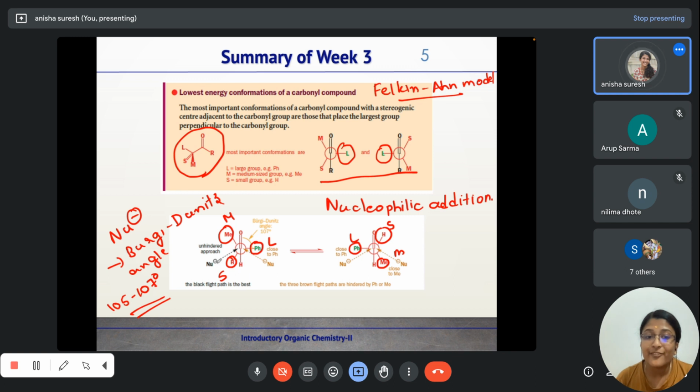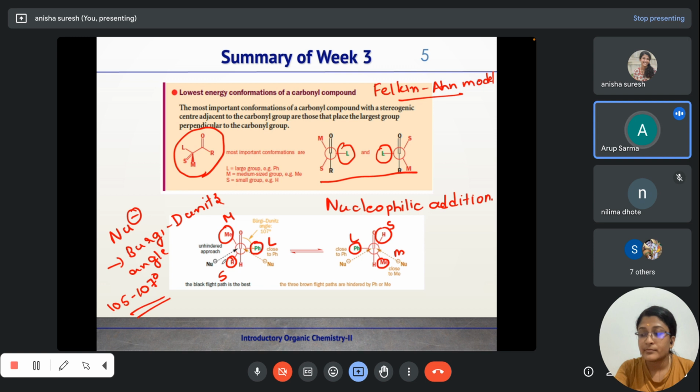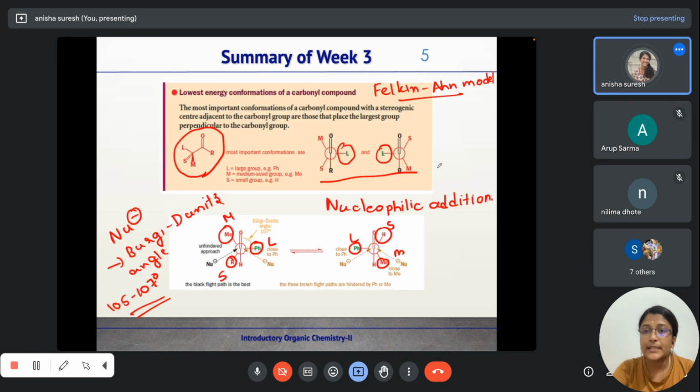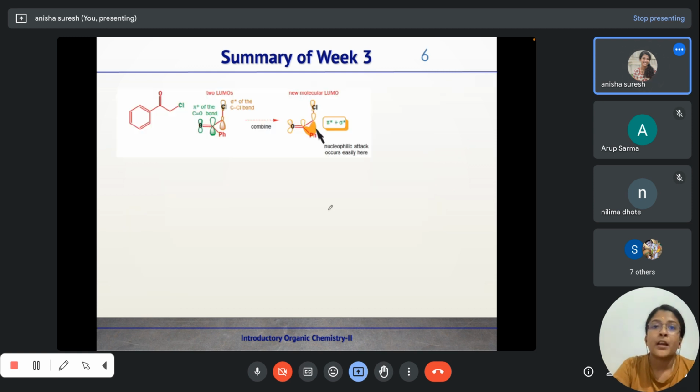So the black flight path represented here will be the best path for nucleophilic addition. Is this clear? Yes, ma'am. So this is basically the Felkin-Anh model. We will be solving problems based on the Felkin-Anh model in today's session.